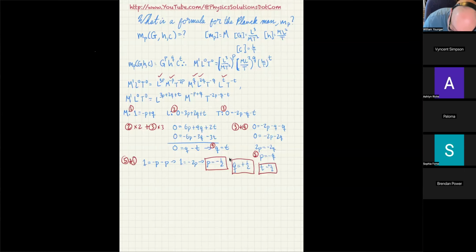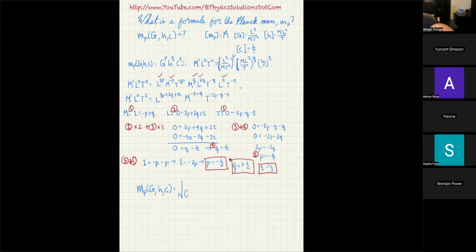So finally, I can tell you all that the Planck mass, m sub p, as a function of G, h, and c. Notice they're all 1/2, so that means we're definitely using some kind of square root. So I'm going to put a square root there. And what we found was p, which was the exponent on G, is in fact negative one half.